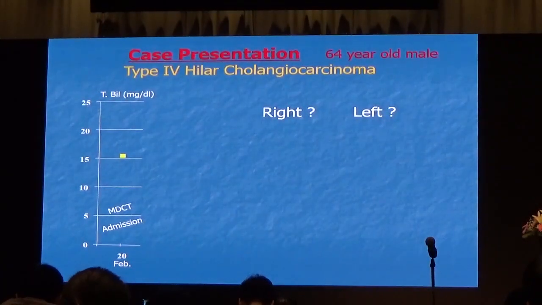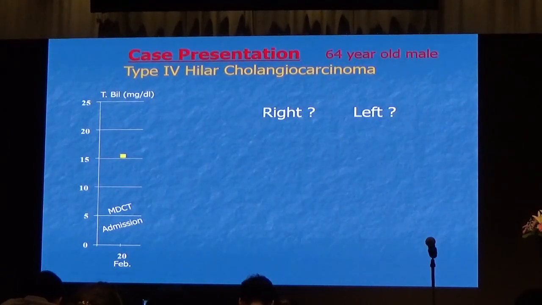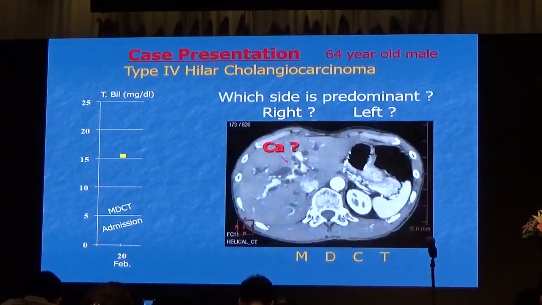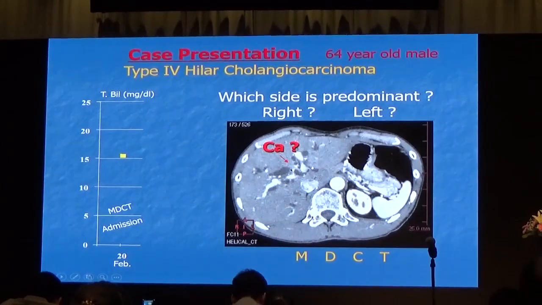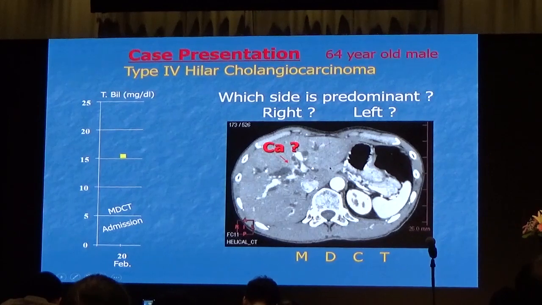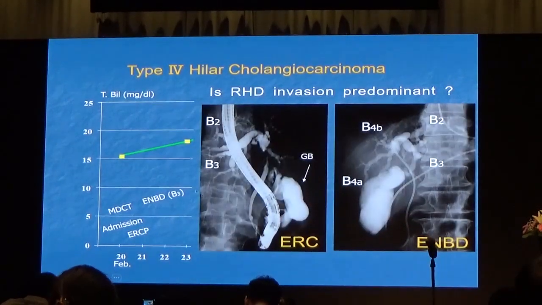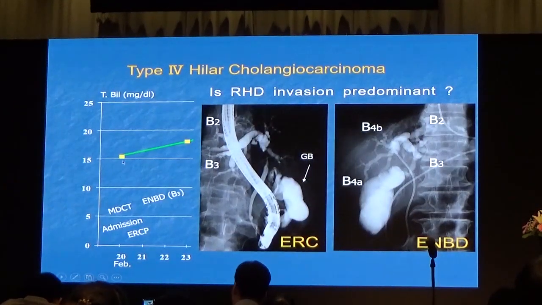Next, I will show you another case. MDCT shows a tumor here at the hepatic confluence, separating the right and the left duct. Which side is predominantly involved? Bilirubin level increased from here to here, even after ENBD.